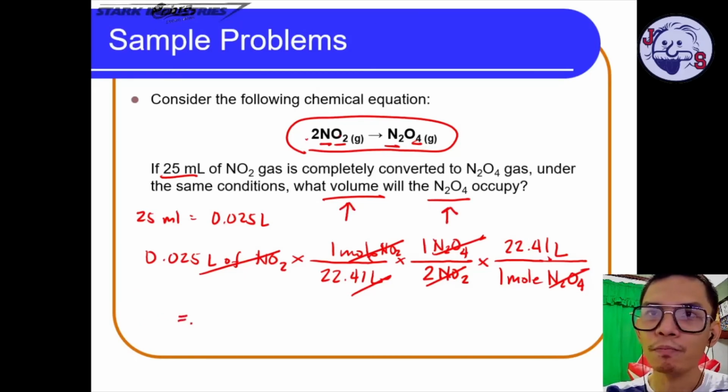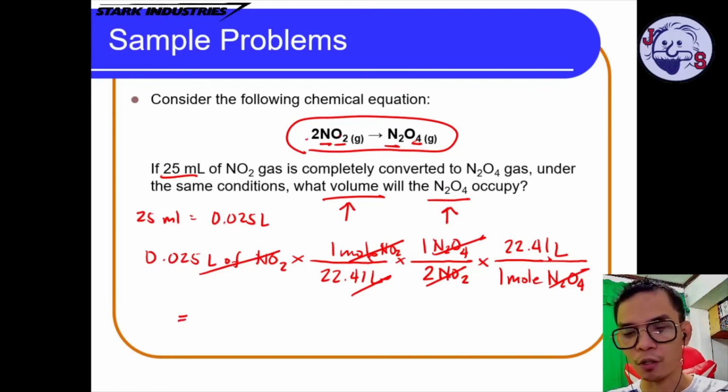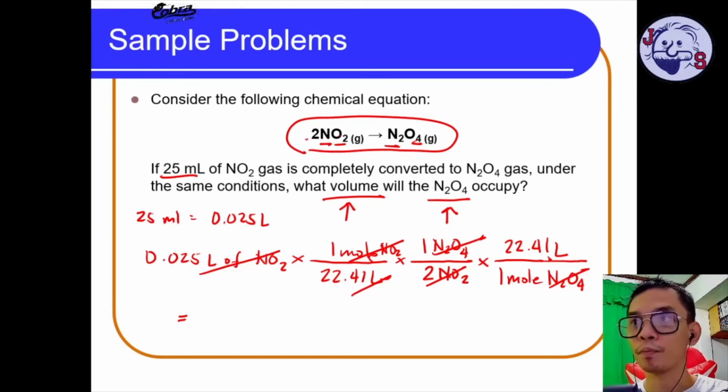So the volume that will occupy is, let's use again the calculator. Okay, so 0.025 liters divided by 22.41, divided by 2 times 22.41.